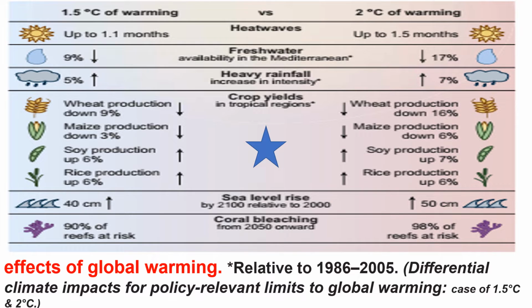Decrease in maize production by 6%. Increase in soy production up to 7%. Rice production will increase up to 6%. Sea level rise will be 50 centimeters. Coral bleaching: 98% of reefs are at risk.